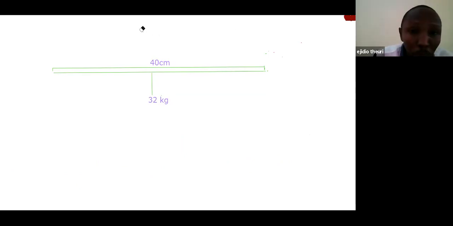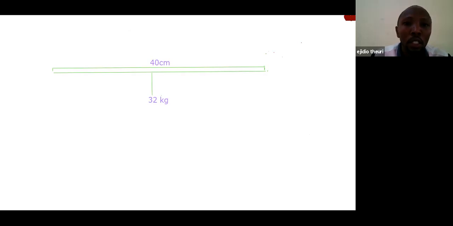So this one here, we are told this is a very important thing. Before you go for your lunch, make sure that you understand completely how to solve this. So we are told that it is supported horizontally by two vertical spring balances C and D. Balance C is 20 centimeters from one end.